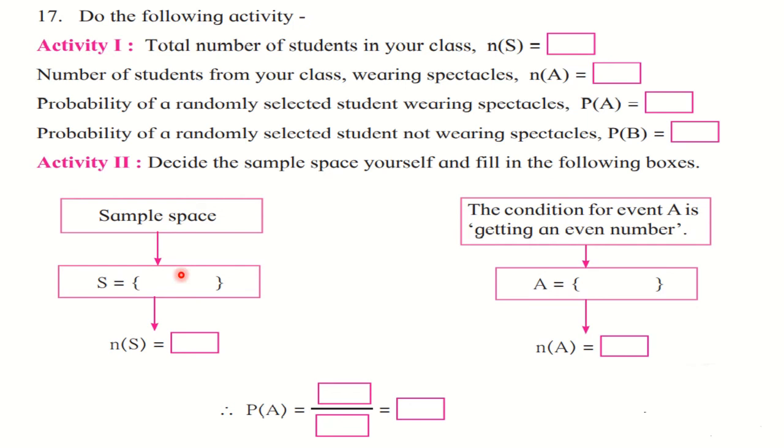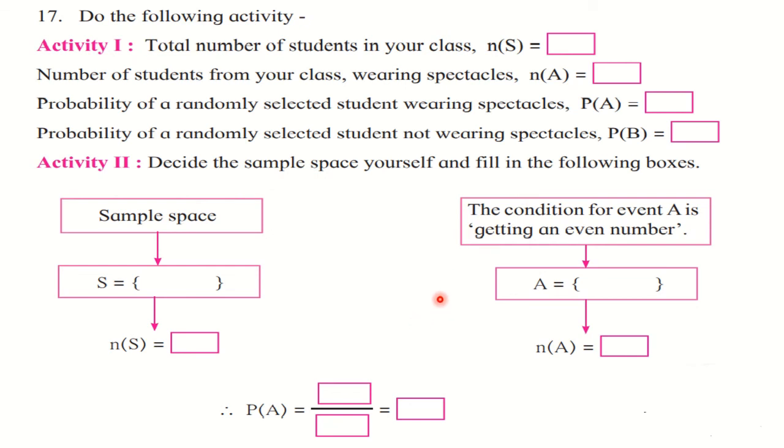Sample space is not possible to write down because you are not going to write the number or name of all the students. So simply you can write down n of S as 60, whatever you have taken. You have to decide and do it by yourself.